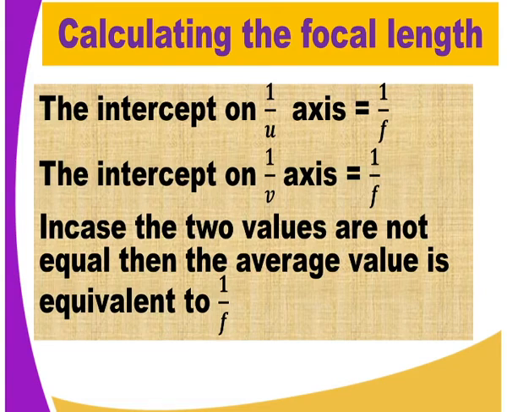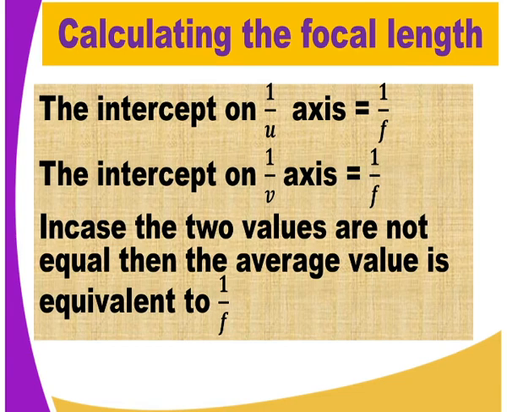That is the intercept on 1 over U and the intercept on 1 over V. In this case, we usually find the average of the two values to give us the value of 1 over f. 1 over f represents the reciprocal of the focal length, and therefore we can determine the focal length of that lens.